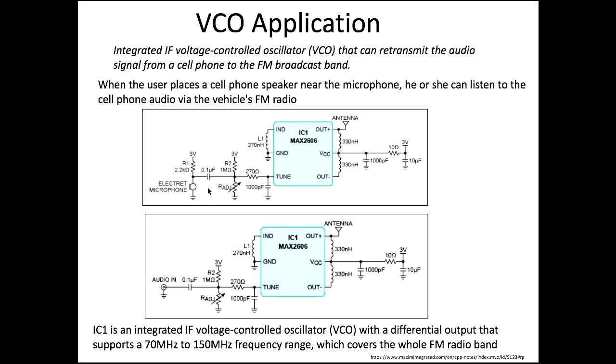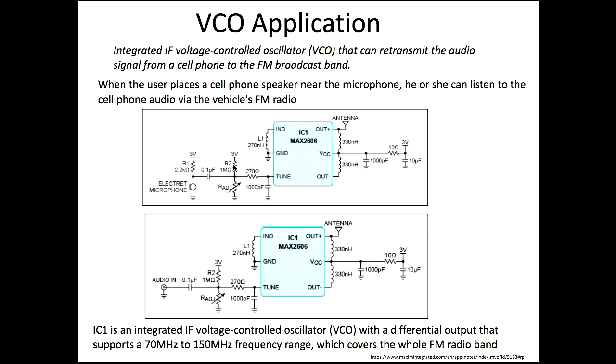So it is simple. Here is your microphone, and then you can have this 0.1 microfarad AC coupling. The microphone is receiving the signals, the sound from your mobile phone, and it is going through this 0.1 microfarad capacitor.